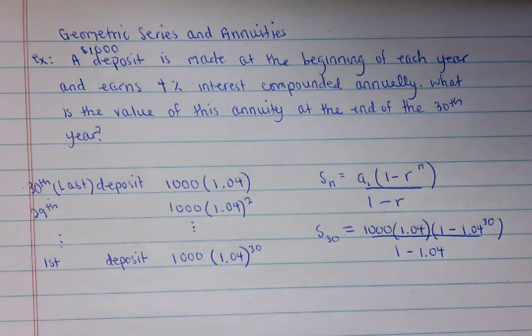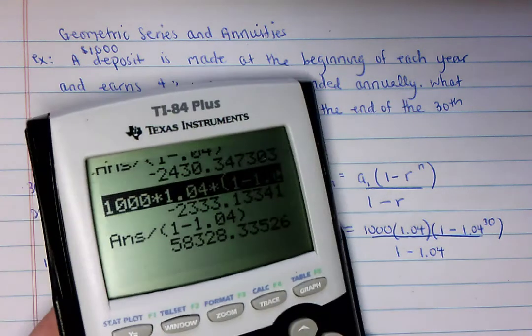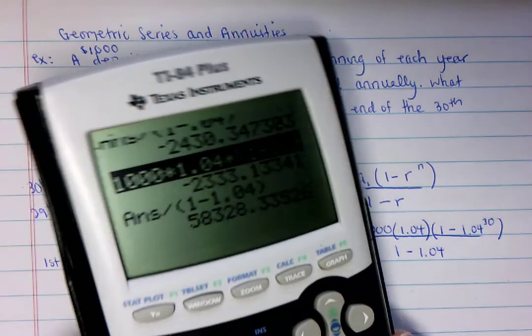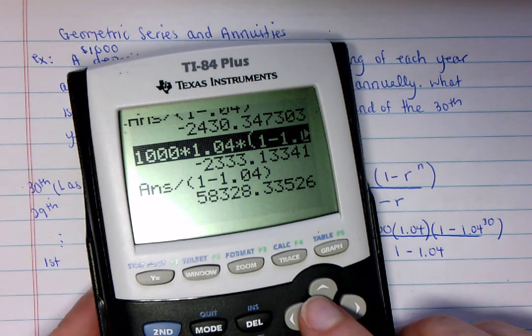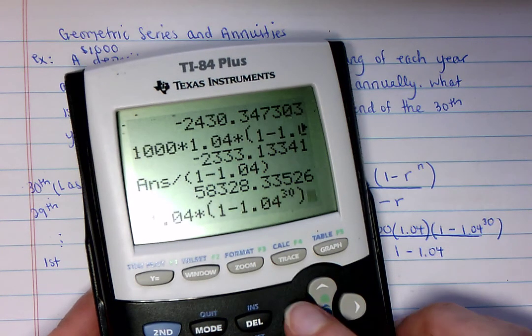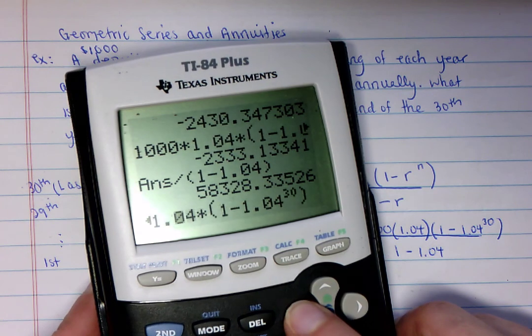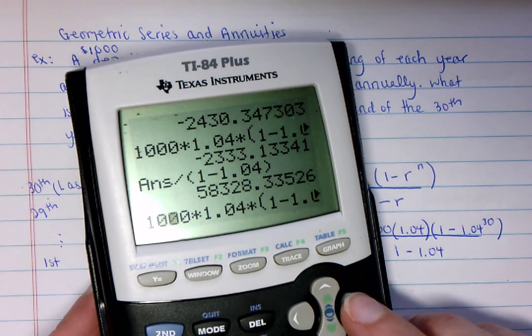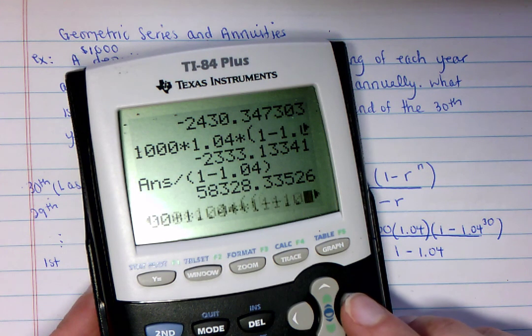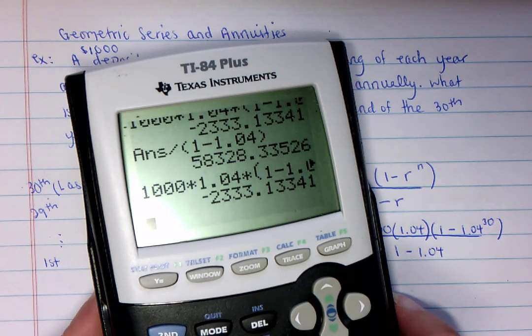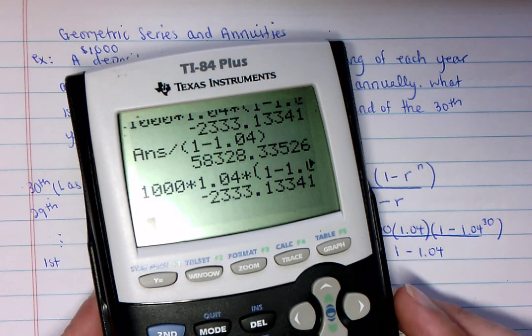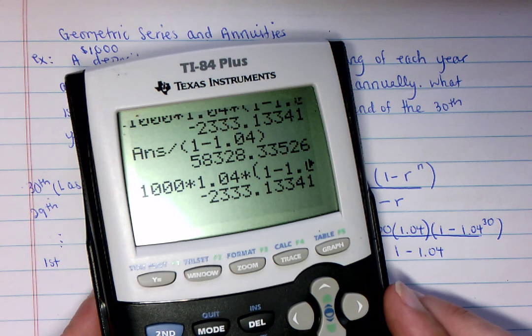And so I put this in my calculator. I did 1,000 times 1.04 times, in parentheses, 1 minus 1.04 to the 30th power, and I closed it out. On that one I got negative 2,333.13.